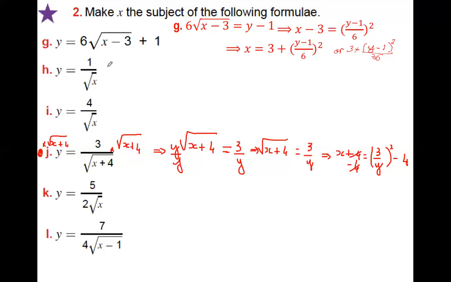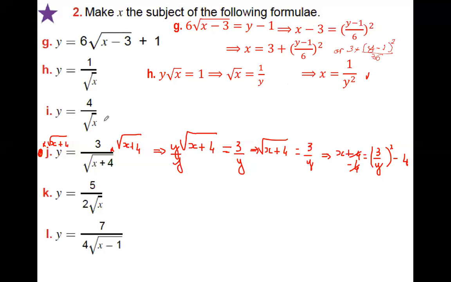By timesing root x on each side, you get y root x equals 1. That makes it easier for me. And then I divide by y, which is root x equals 1 over y, and then I square the whole thing, which is 1 divided by y squared. Or you can say 1 squared divided by y squared. So you can just leave it like that. That's much easier.